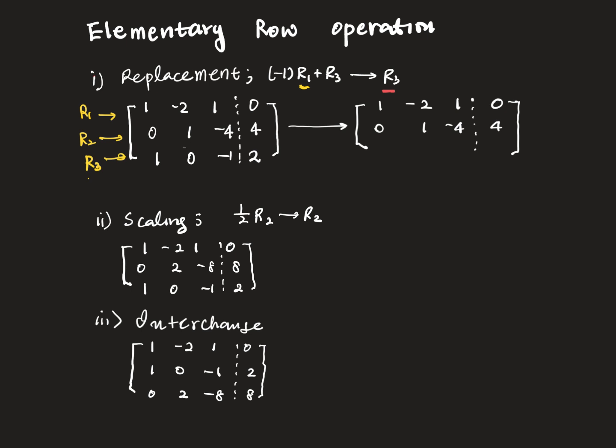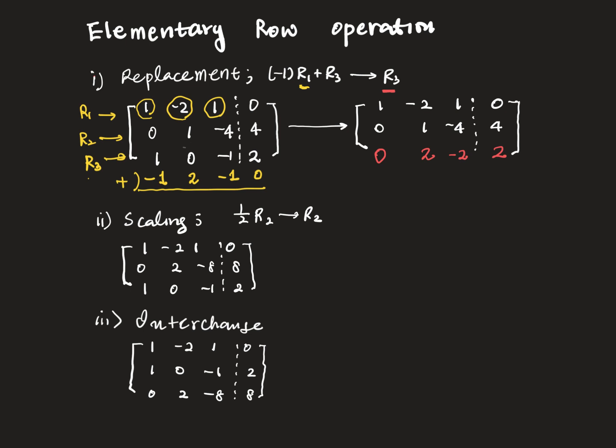R1 times -1: 1 times -1 is -1, -2 times -1 is 2, 1 times -1 is -1, 0 times -1 is 0. Now add this. 1 plus -1 is 0, 0 plus 2 is 2, -1 plus -1 is -2, and this one is 2. That's the replacement, guys, okay?